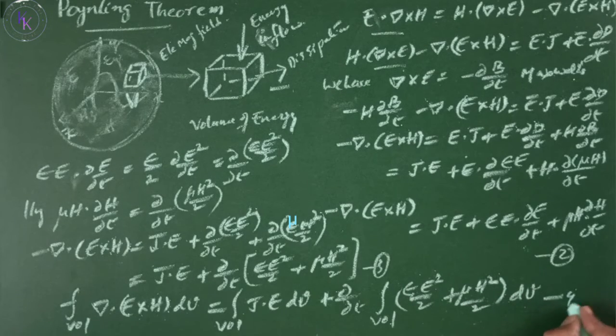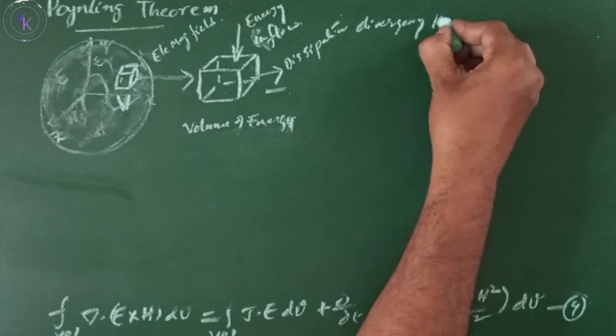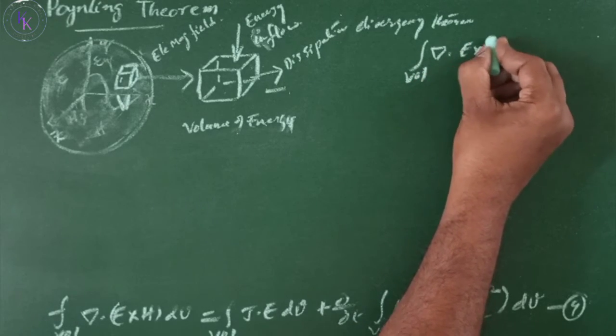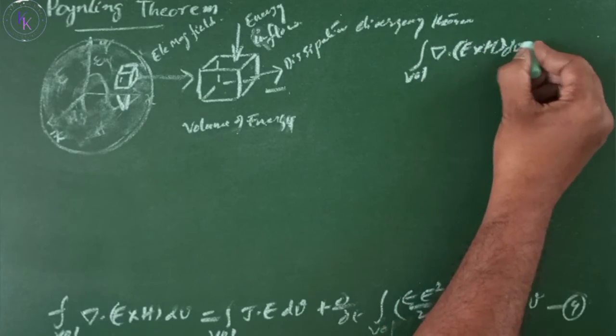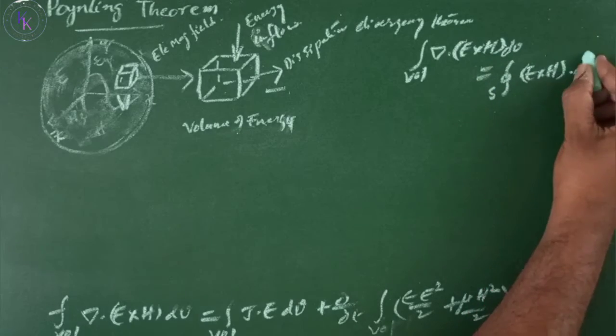Let this be equation number 4. Applying the divergence theorem, the volume integral of del dot E cross H dV equals the closed surface integral of E cross H dot dS.